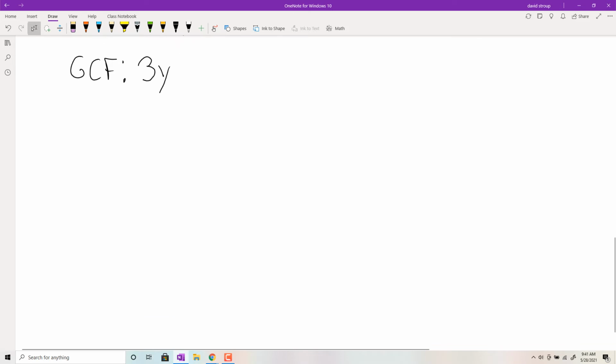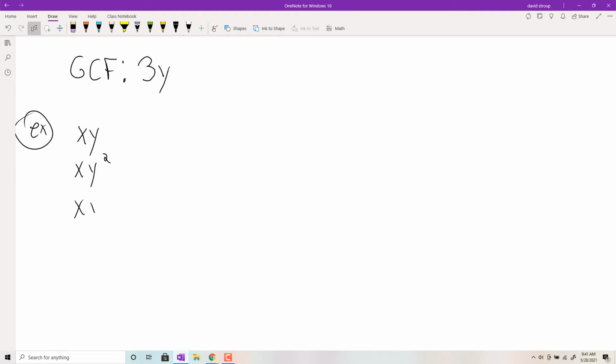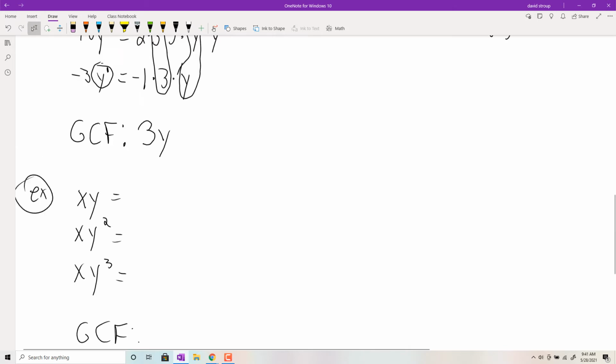Let's look at one where we have multiple variables involved. So xy squared, xy cubed. Okay, it's kind of counterintuitive with the GCF when it comes to variables. With the constants, you want to find the biggest number that divides all three of the terms, but it's really not the biggest number, right?